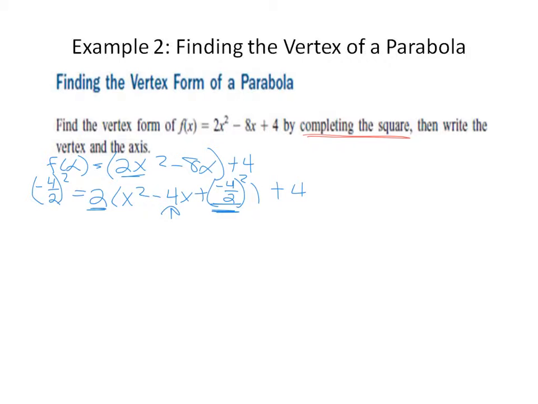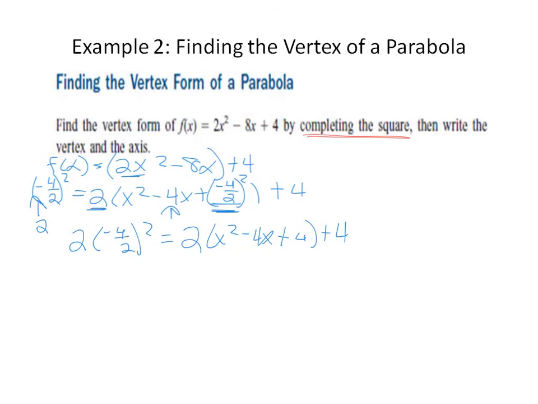So make sure you put the 2 out here with this. Make sure there's a 2 right there. So now we've got 2 times negative 4 over 2 squared is equal to 2. And remember, this is x squared minus 4x plus 4 plus 4.